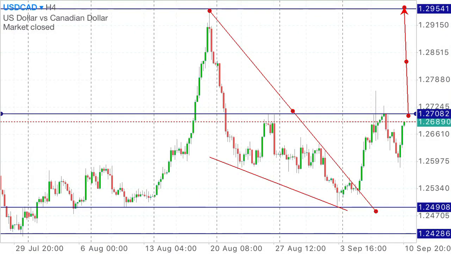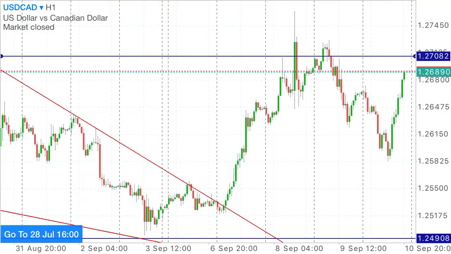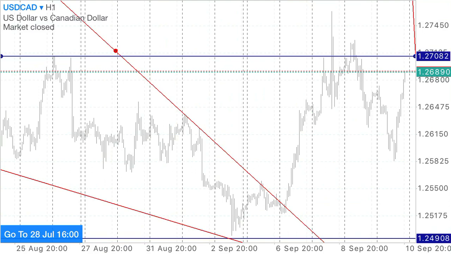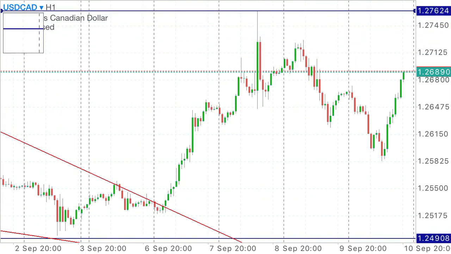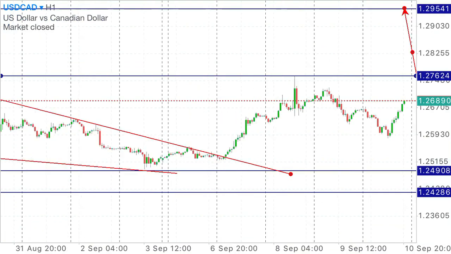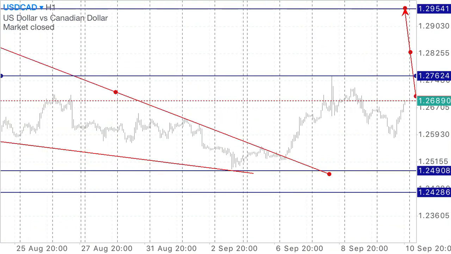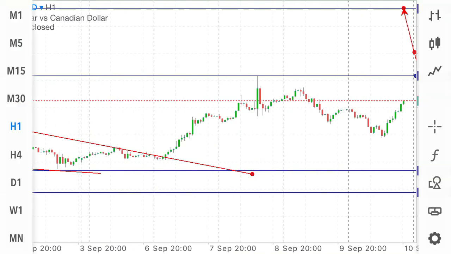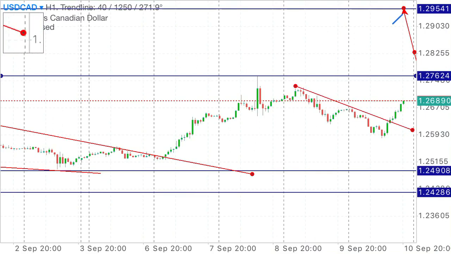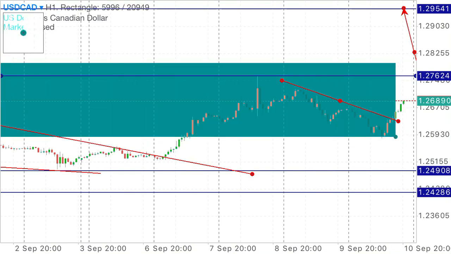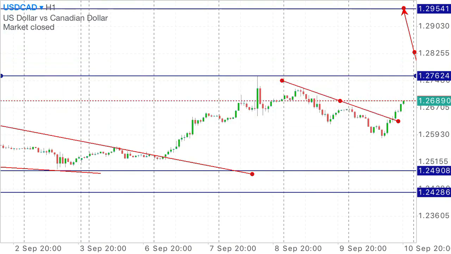right? Then moving to the H1 time frame, even on the H1 time frame, we still have this trend line breakout over here.